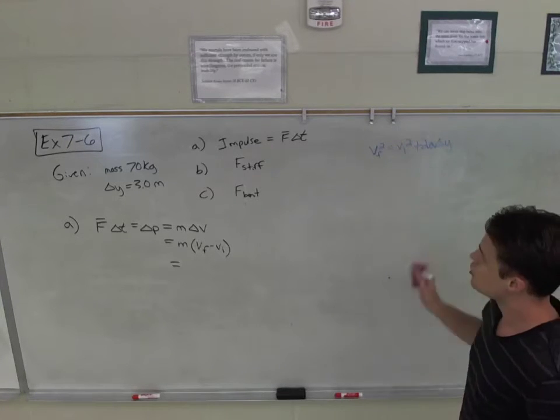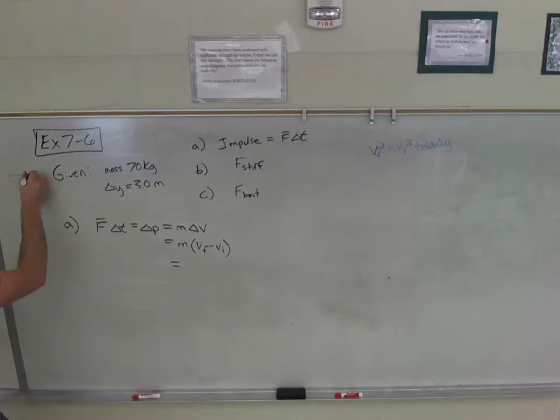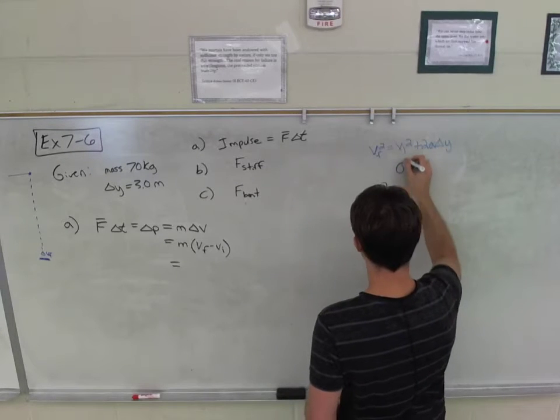So what do we know? I guess we could draw a little picture over here. Here's the top of the roof, here's the person falling, and then here's the ground. Right before we get to the ground, we're looking for how fast we're going. I'm picturing it slightly above, right before the ground. So the initial velocity is going to be what? 0.